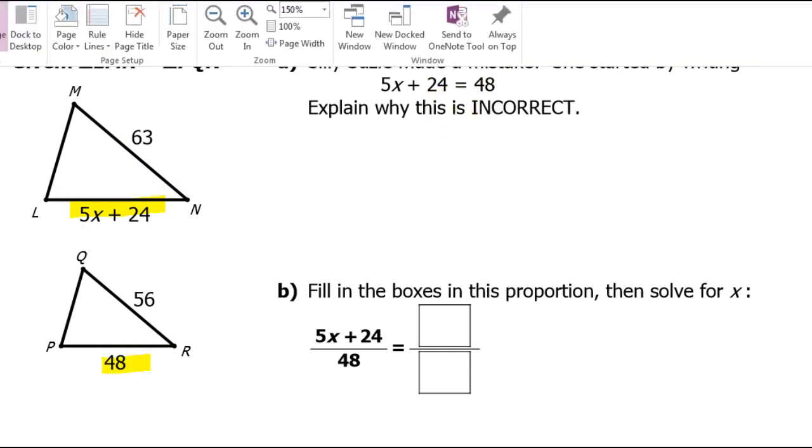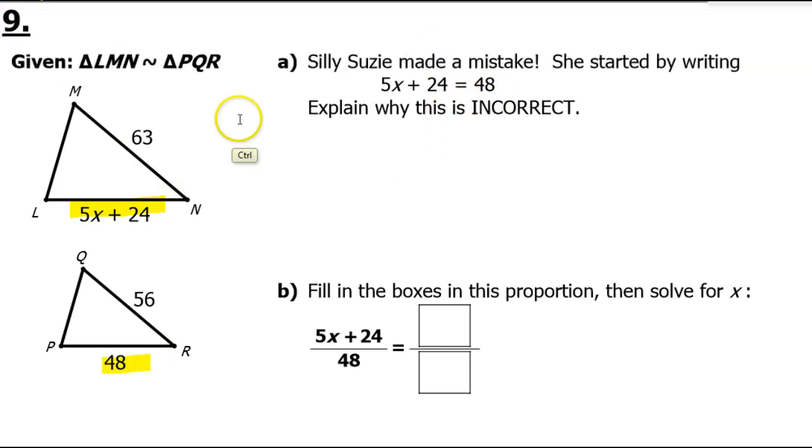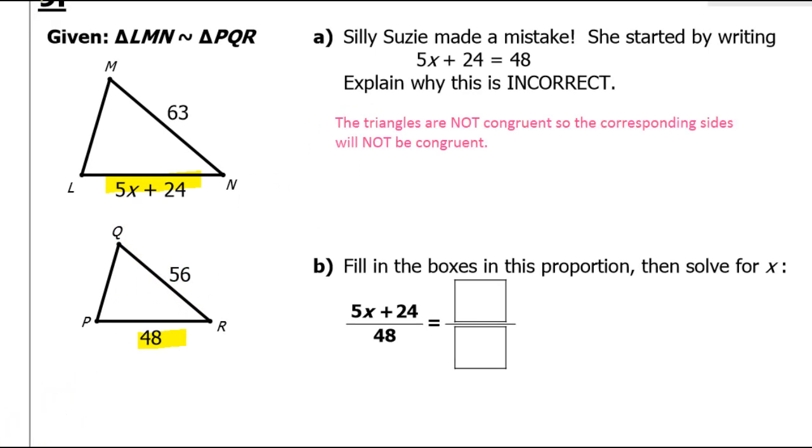What is her mistake? Well, these triangles are similar, not congruent. So these sides will be proportional, not congruent. So the triangles are not congruent, so the corresponding sides will not be congruent.